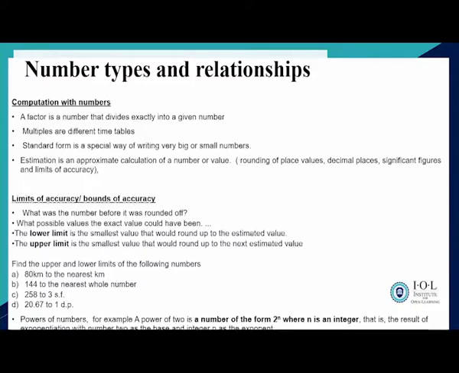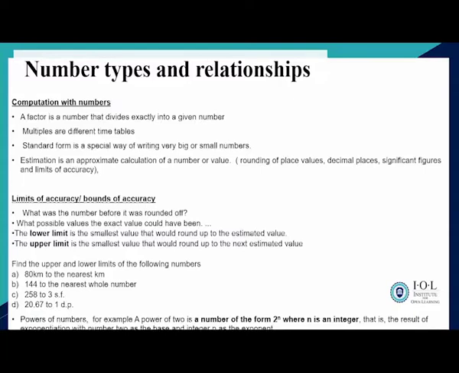If it's now said, find the upper and the lower limit of 90 rounded to the nearest 10, meaning that number was not originally 90. 90 became 90 after it was rounded off.